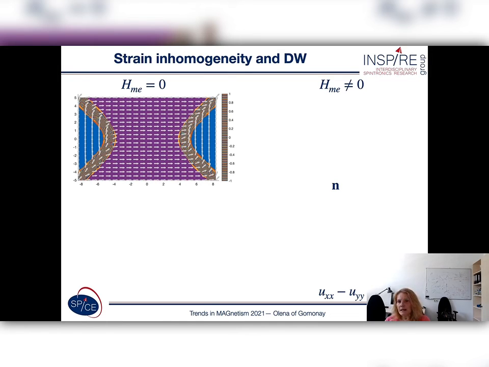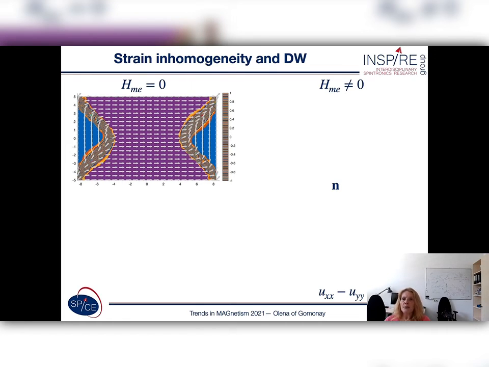Here in this slide you see a distribution of the Néel vector calculated in neglection of magnetoelastic effects. So in this system we can anticipate three-domain state with the domain walls, and the distribution of the Néel vector is quite symmetric.